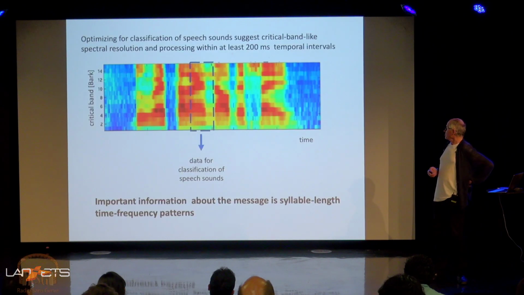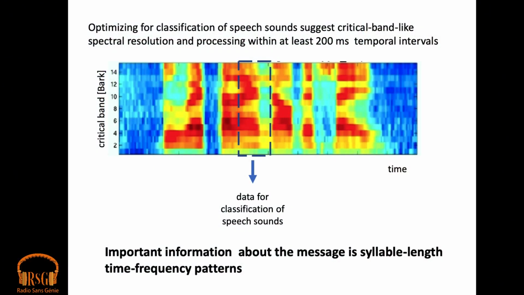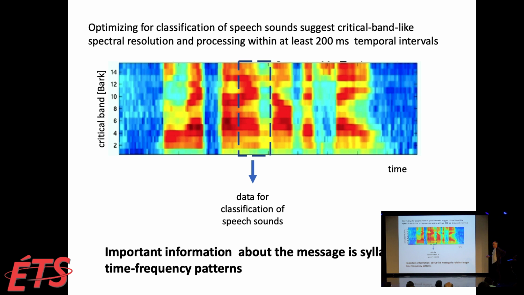So the conclusion here is, if you want to classify the speech, then you should be using relatively long segments of the speech, at least the syllable length, because you want to be able to see this dominant change, the modulation frequency which carries the speech. Important information about the message is in the time frequency patterns about the syllable length long.